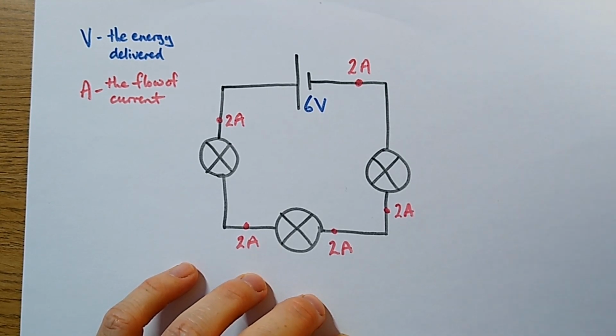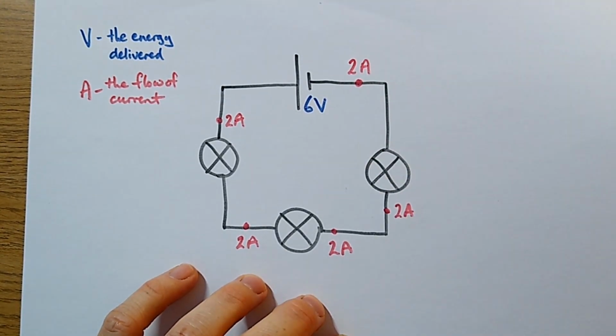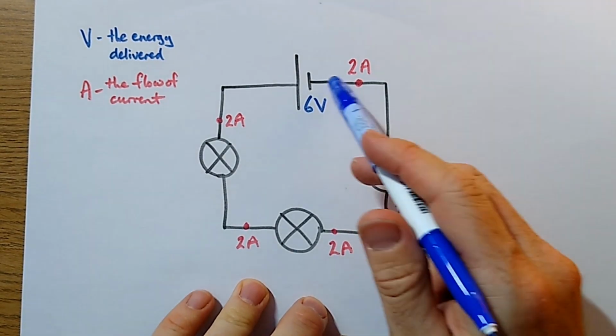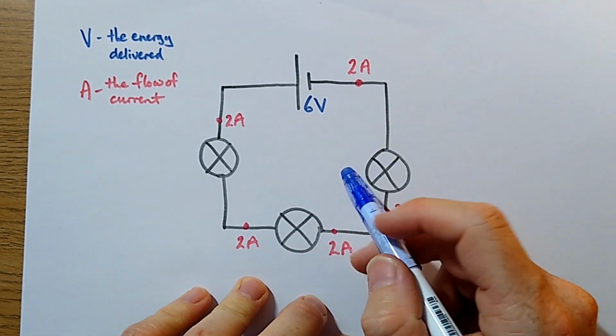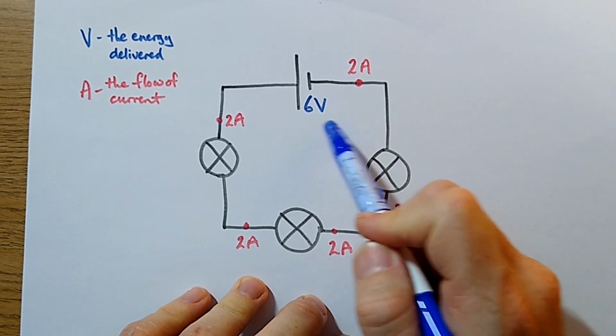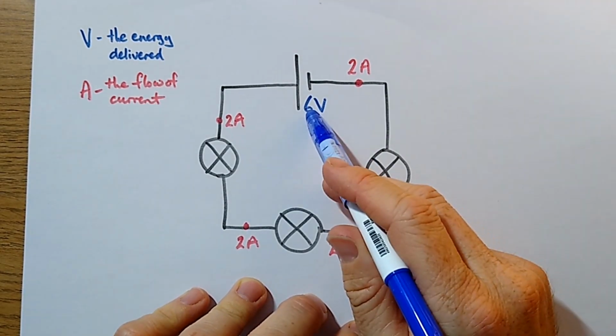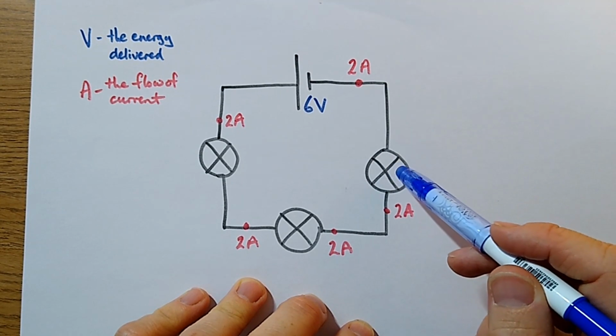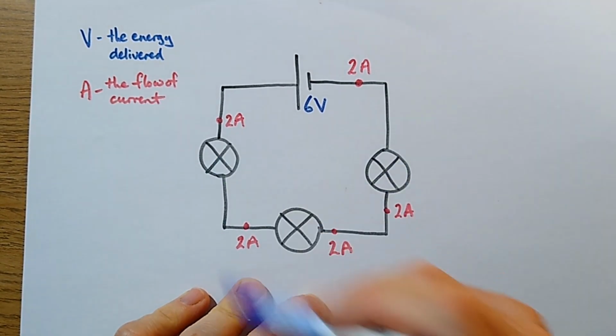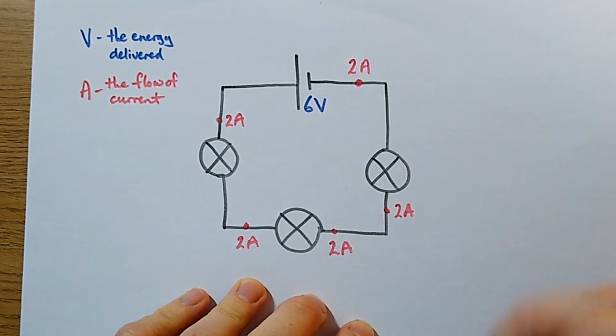We then think about volts as like the energy that's delivered. So here, each of those electrons or each of those charges picks up 6 volts. Okay, and the details of that we can leave till later on in secondary school. But let's just think of it as 6 volts. So let's say there are then 3 bulbs to go to, and they're all the same bulb.